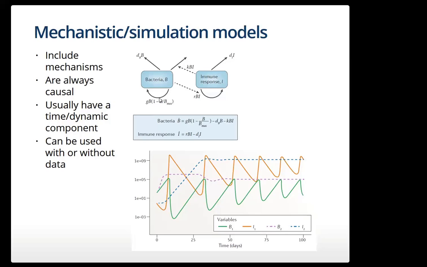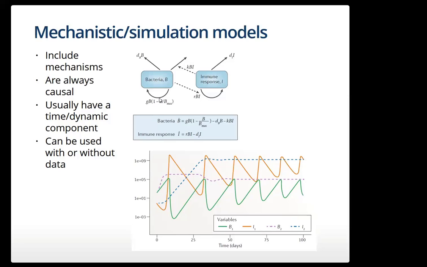Of course, no data doesn't mean you can be completely free of reality, though you could if you wanted to. Usually you want to match your model to the real system, so you would try to choose the parameters, which here would be G, Bmax and dB, such that they resemble the system you're studying. But then you can run it and just explore it without data.